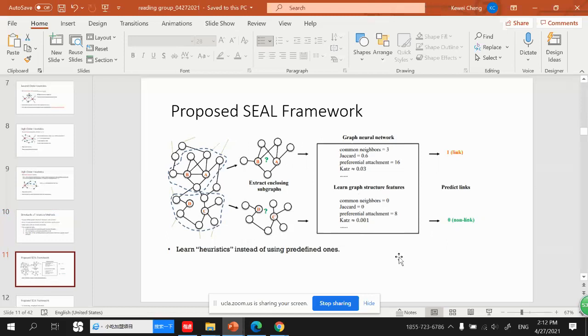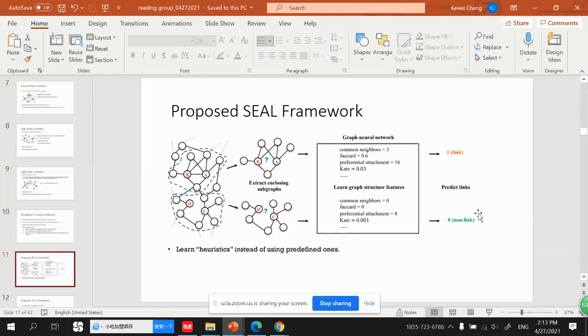The basic idea here is that, given the entire graph, first of all, we try to extract the enclosing subgraph around the target nodes X and Y, denoted as A and B. With this extracted enclosing subgraph, we can calculate the heuristic score to determine the proximity of the two nodes A and B, and then we can predict whether there will be a link among them.